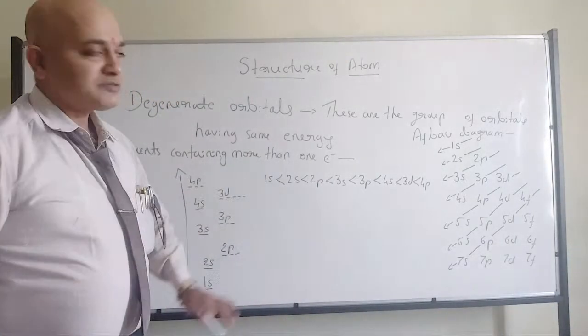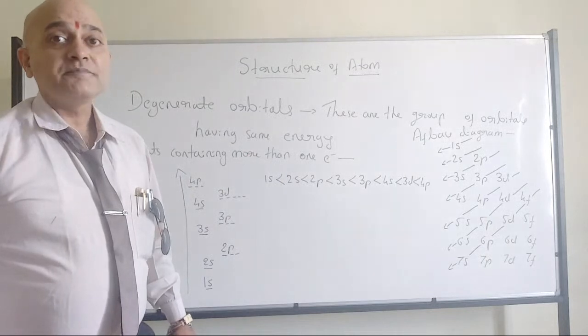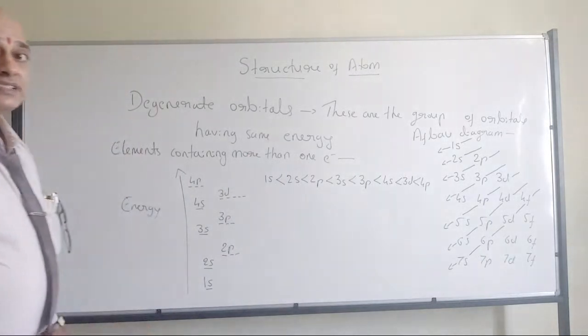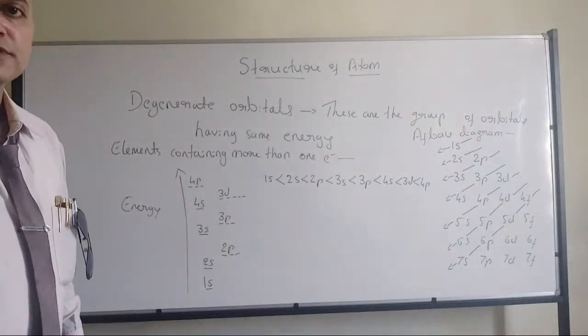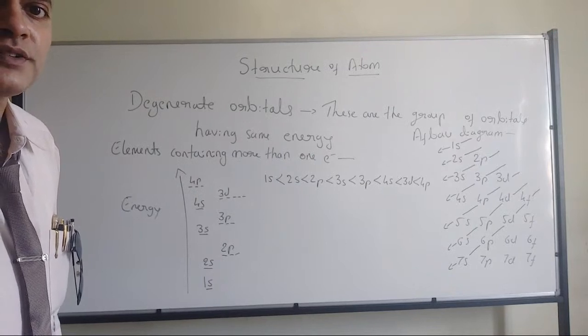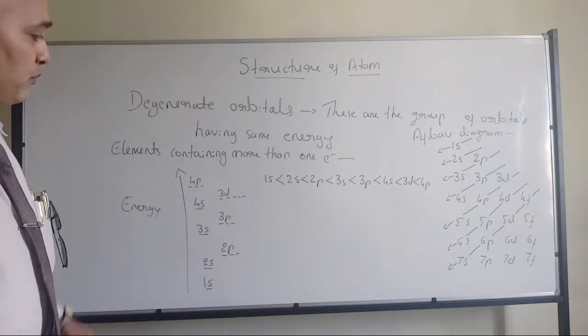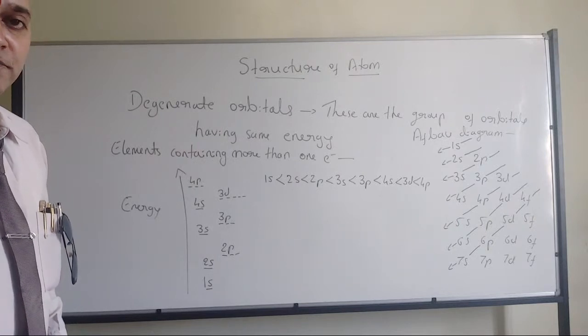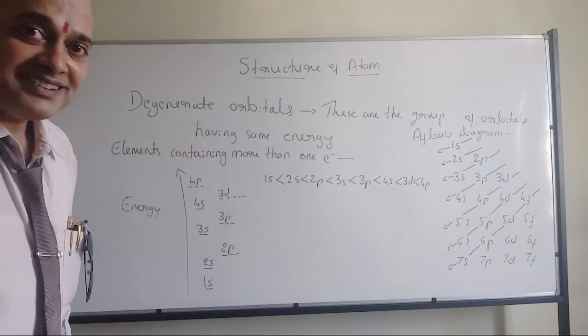When you say yes, it looks like no degenerate orbitals, but I am telling you there will be, and I have written it on the board also. Just observe. No, how come 1s and 2s? They are of different energy. No, Chidwan. Anyone?